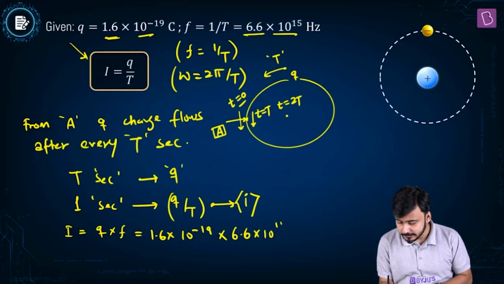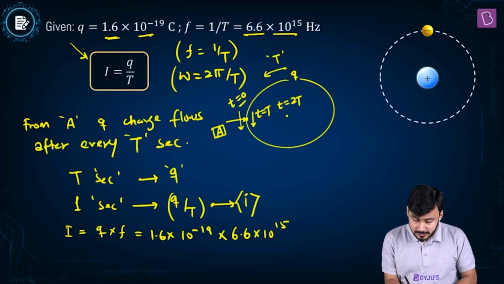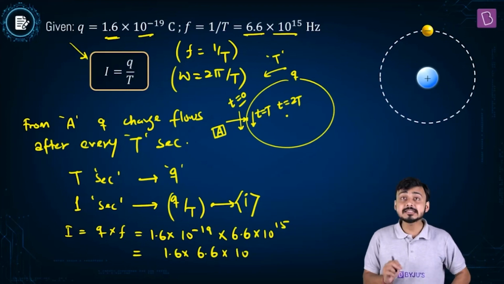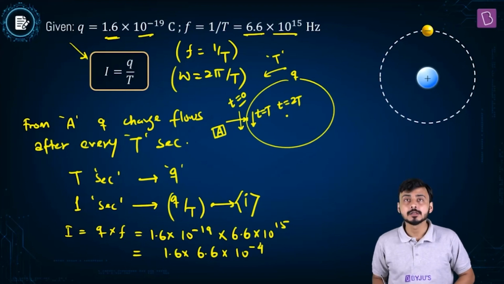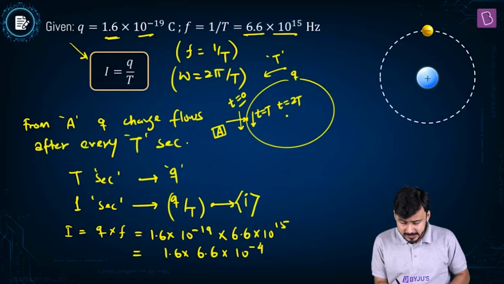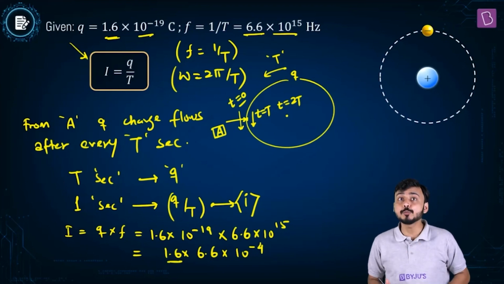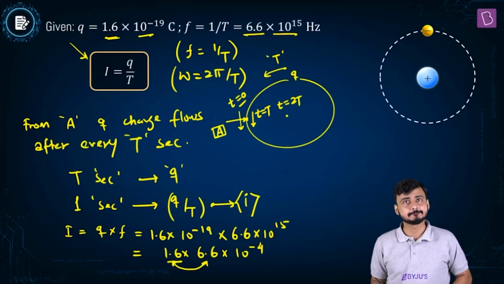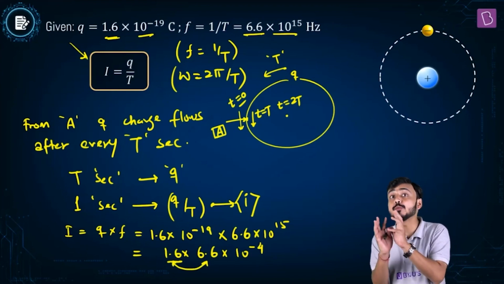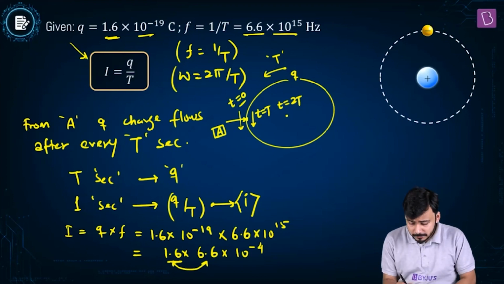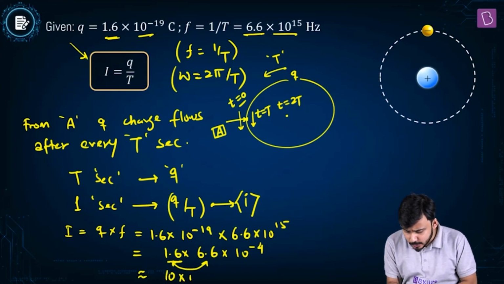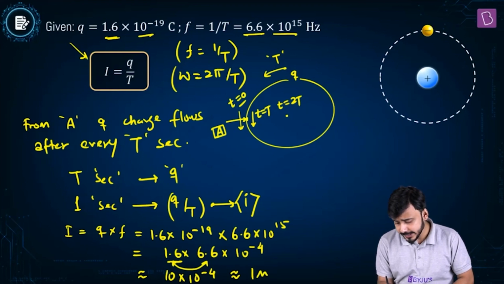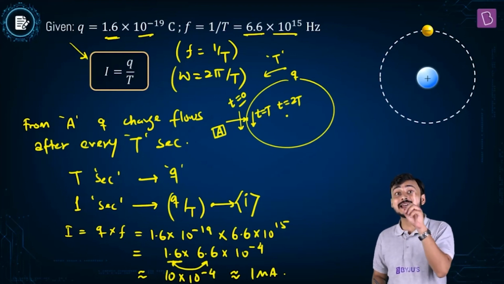This, if you solve, comes out to be 1.6 into 6.6 into 10 raised to power minus 19 plus 15, which is minus 4. 1.6 into 6.6 is almost equal to 10, right? So we can write this as nearly equal to 10 into 10 raised to power minus 4, which is nearly equal to 1 milliampere.